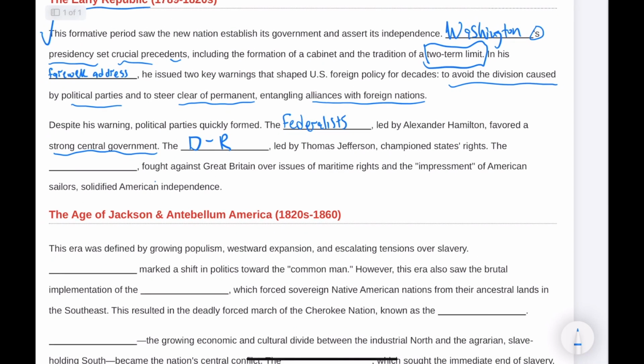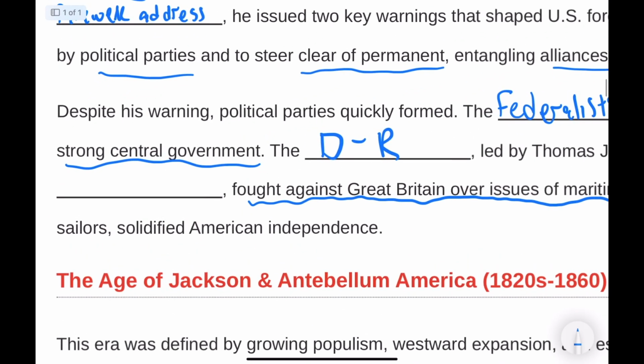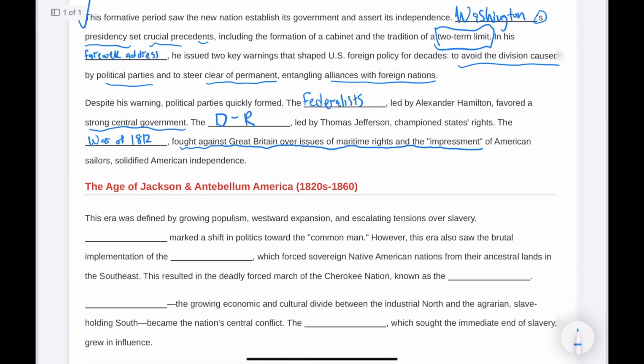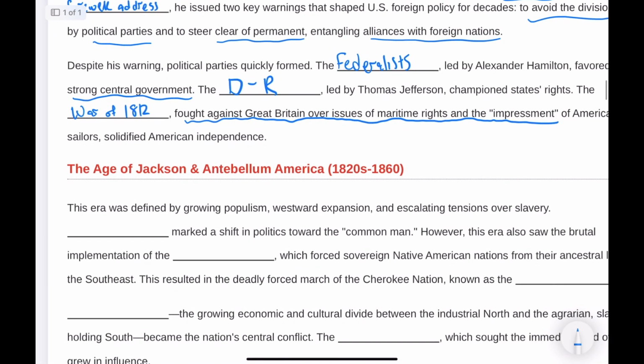The blank fought against Great Britain over issues of maritime rights and the impressment of American sailors. That would be the War of 1812. All right. Next up, we have the Age of Jackson.